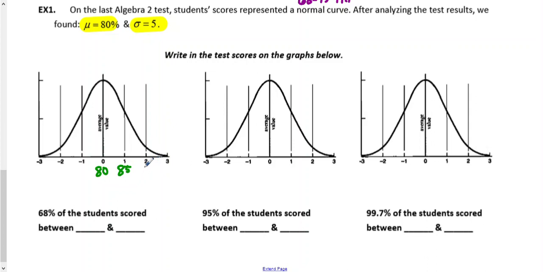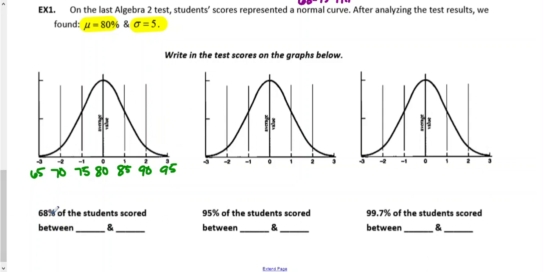Then if I add another standard deviation, that would give me 90, and then 95. And if we were to subtract a standard deviation, it would be 75, subtract another would be 70, subtract another would be 65. So now I have my normal distribution labeled.